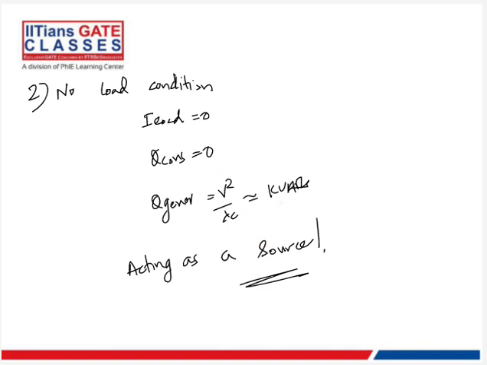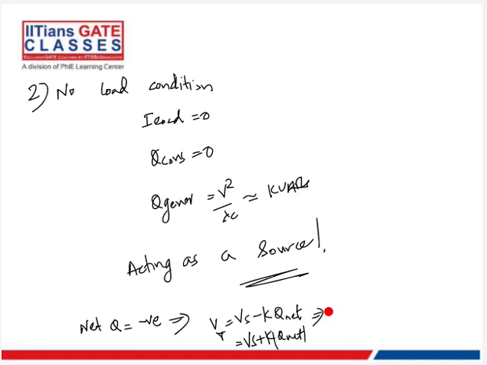So under no load condition, net Q is negative. Therefore, VR is equal to Vs minus K times Q net, which will become Vs plus K times the modulus of Q net. So under this condition, VR would be greater than Vs, and this is called the Ferranti effect.